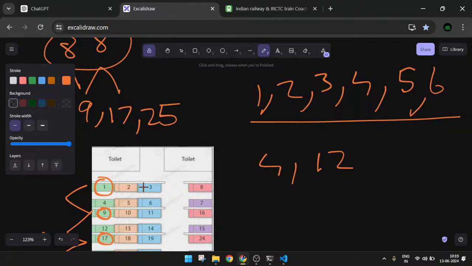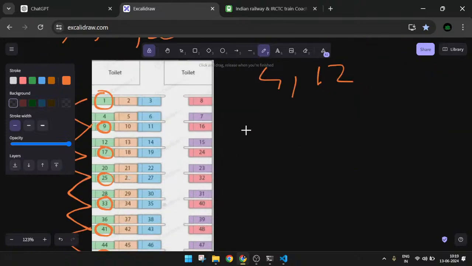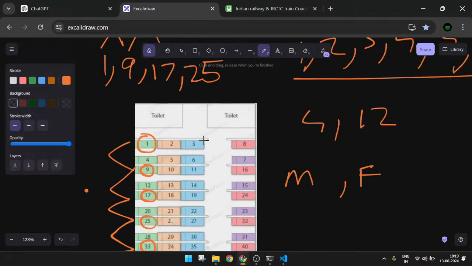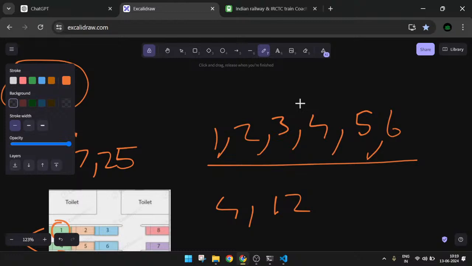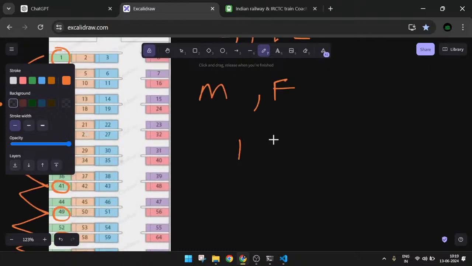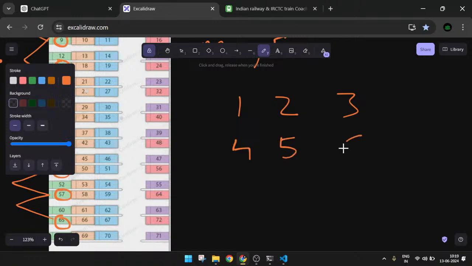Okay. And when I'm trying to fill, how am I going to fill? I have two things, male and females. If I try to fill it here, everything I need to do is to manipulate these numbers. So I'll just write it in a better way: 1, 2, 3, 4, 5, and 6.